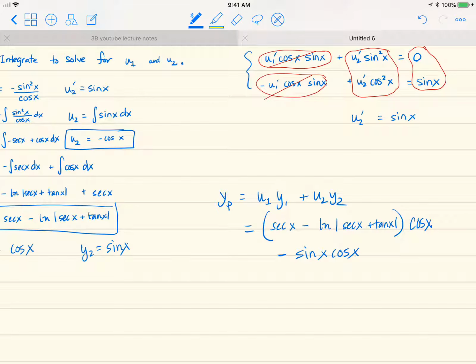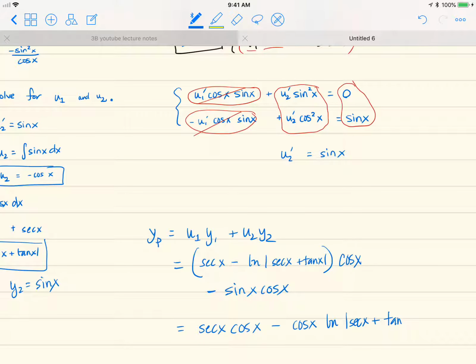Okay. Let's see here. So we'll have secant x cosine x minus the natural log. Let me put the cosine x first. Minus cosine x times the natural log of secant x plus tan x. And then all of this minus sine x cosine x.